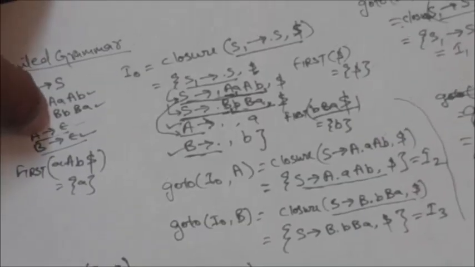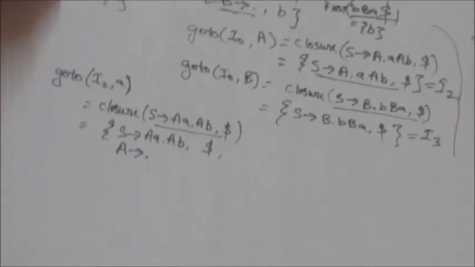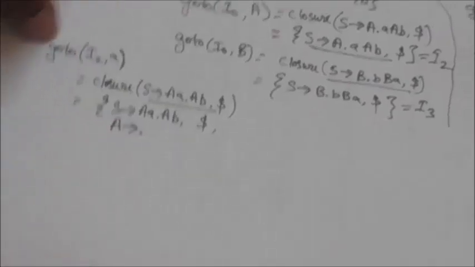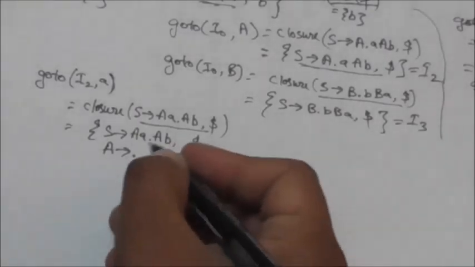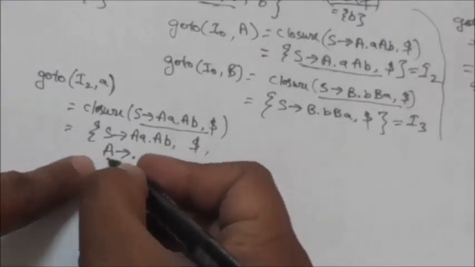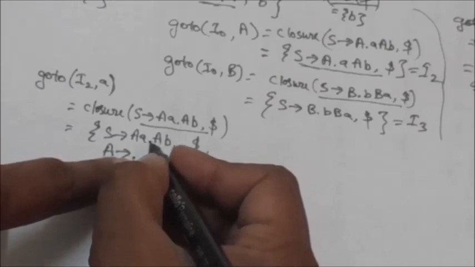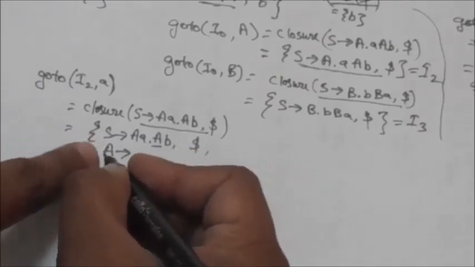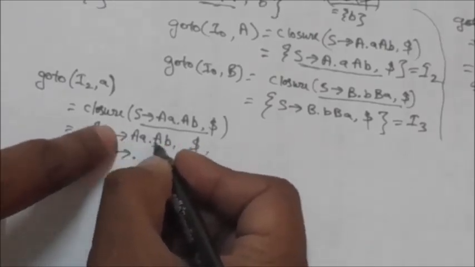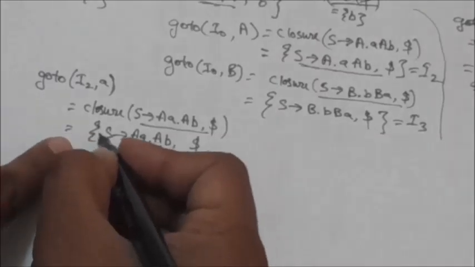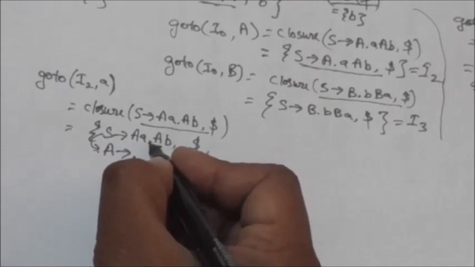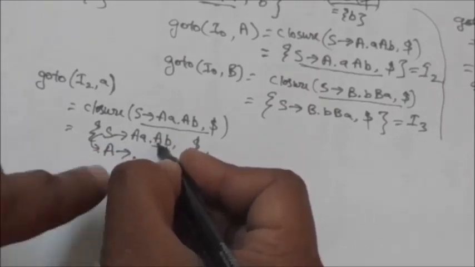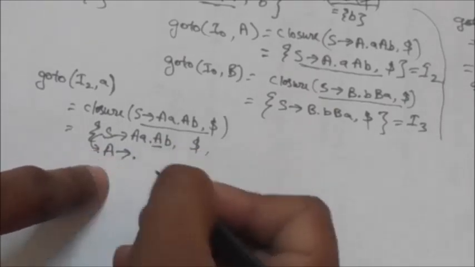So corresponding to this production rule, A derives empty, I have added this item, A derives dot, right? Now what would be the look ahead symbol for this item? So here you can see that a dot is followed by terminal symbol A in this item, right? Because this item is added only because of this item. So in this item you can see the dot is followed by terminal symbol A. That's why we have added this item.